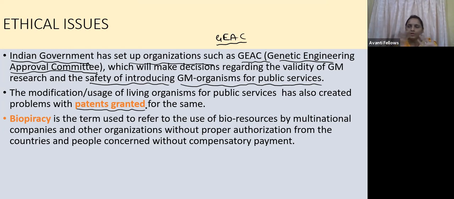You can give that process to others by taking money. No one can use your technique to make the same type of modified animal or plant. That is called patents being granted by the government.